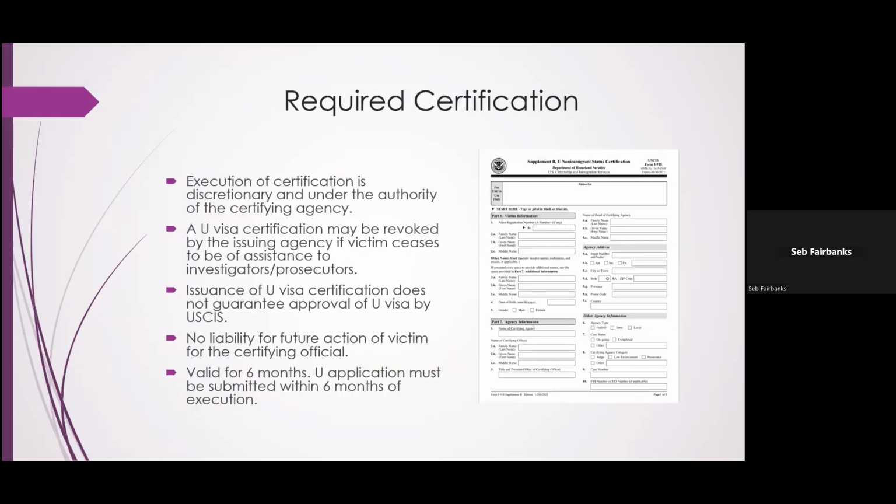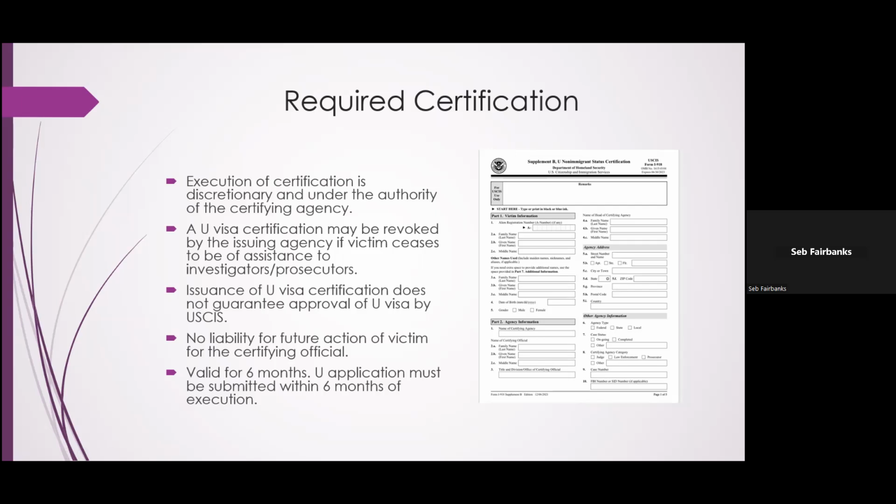This certification is an immigration form. It's the Supplement B I-918, and it has to be signed by a certifying agency. It could be law enforcement, the police department, or the district attorney's office, and in some situations, it can be the Department of Human Services if they're investigating either domestic violence or a sexual assault.